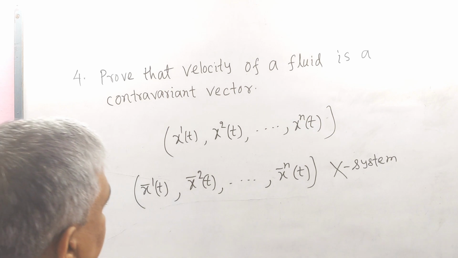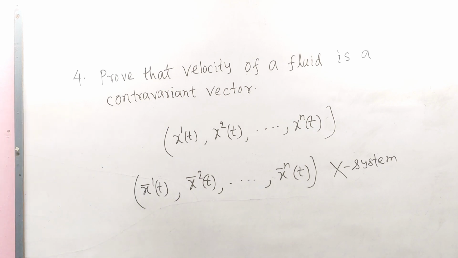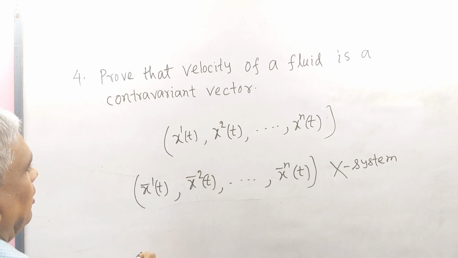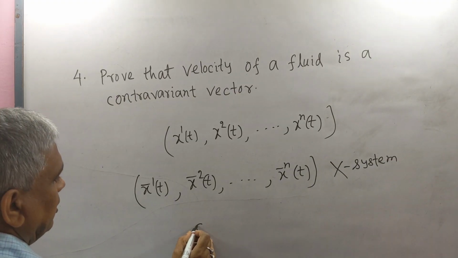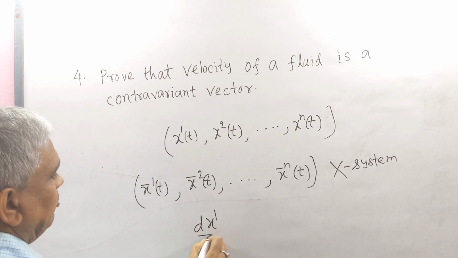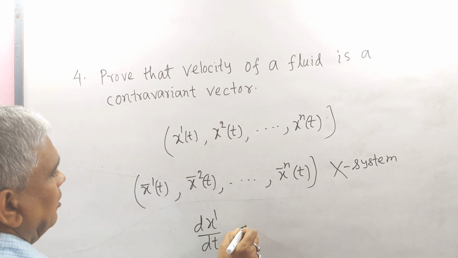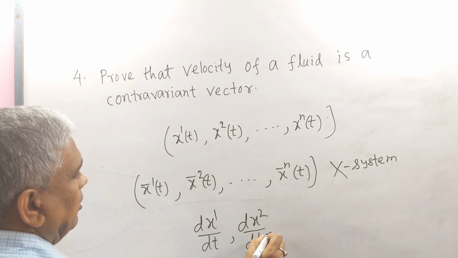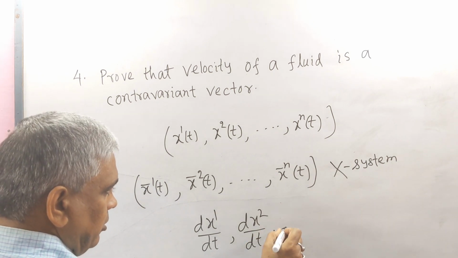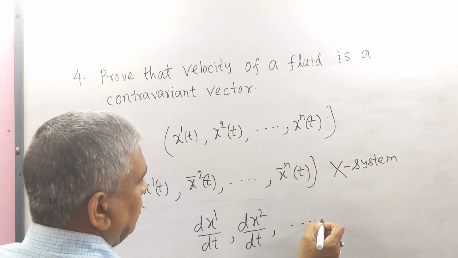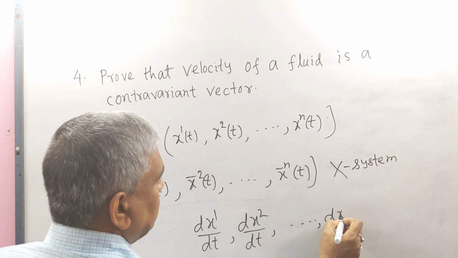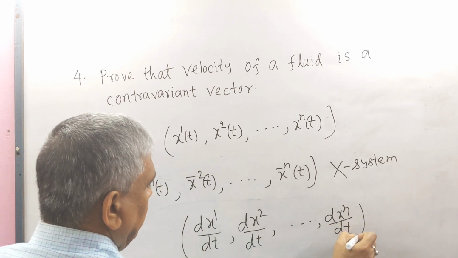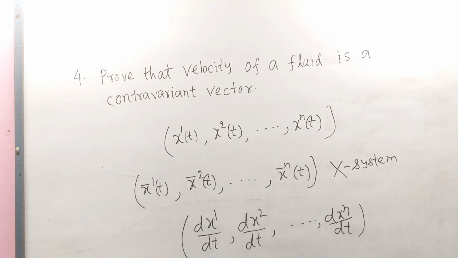We know that velocity with respect to x coordinates is dx1 by dt, dx2 by dt, and dxn by dt in x system of coordinates.